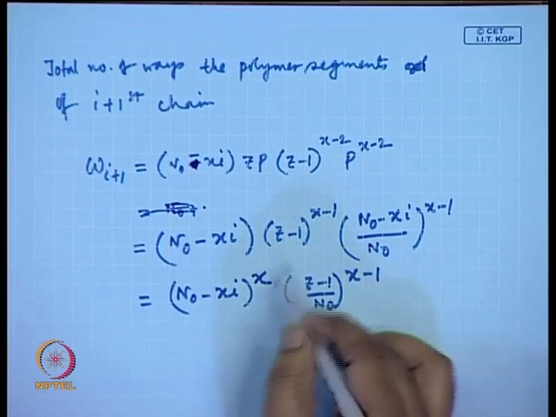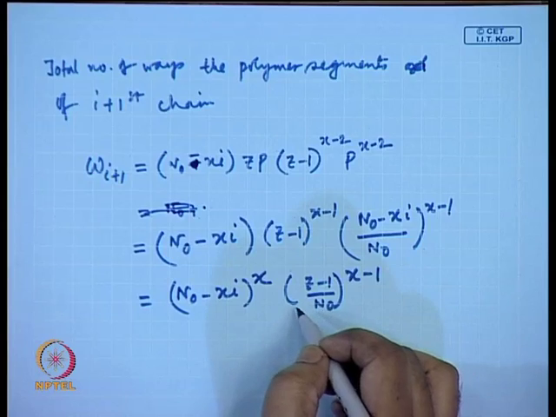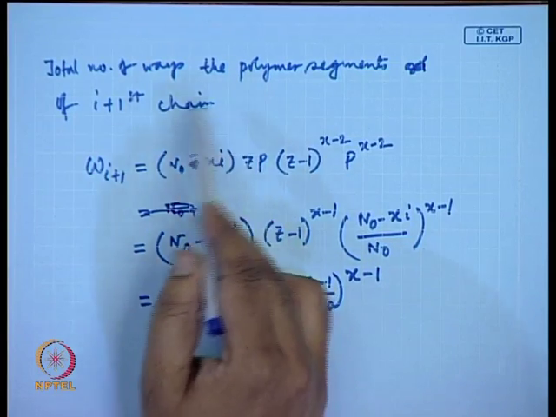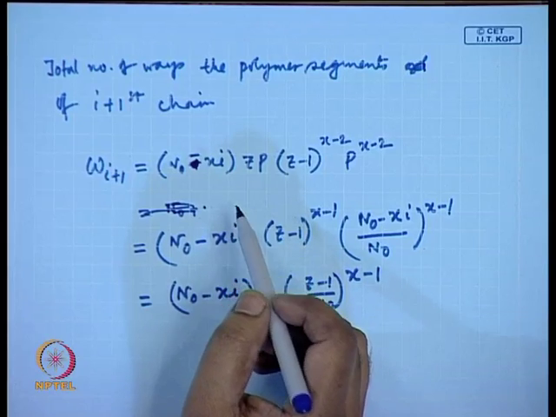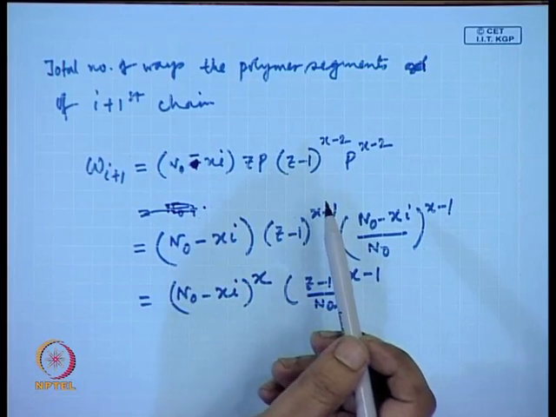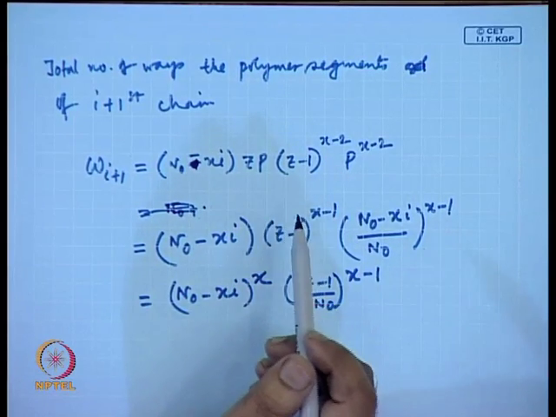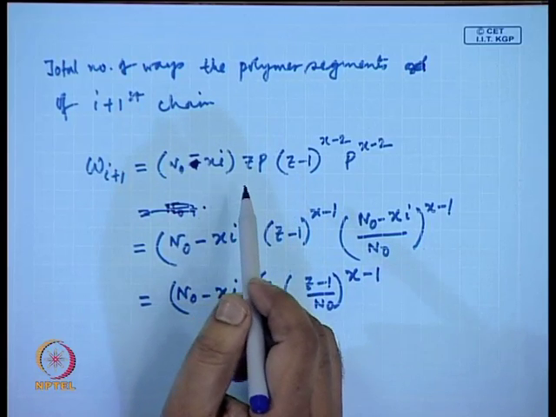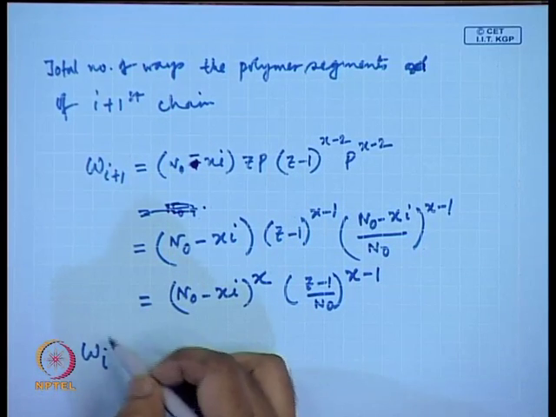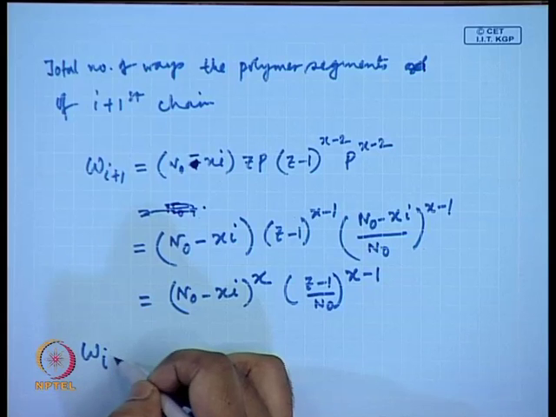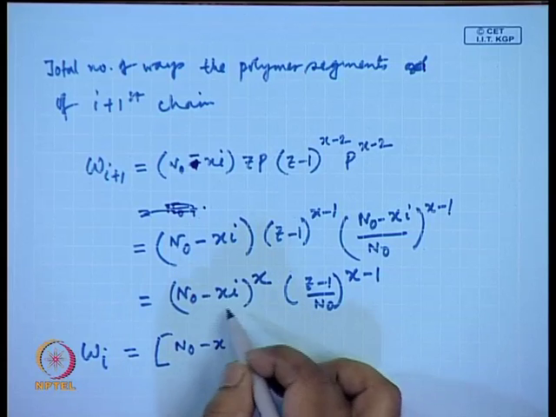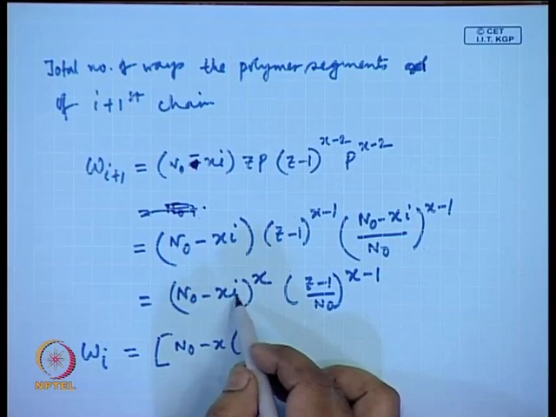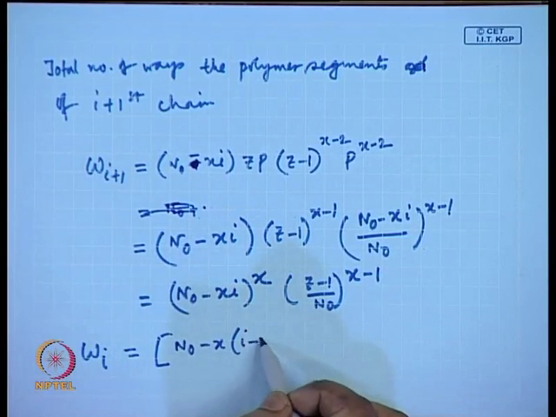So, this gives the number of possible ways the i plus first chain can be introduced in the lattice, when the lattice already has i polymer chains present. For simplicity, the number of ways the ith chain can be placed, with i plus 1 replaced by i, would be with i minus 1.